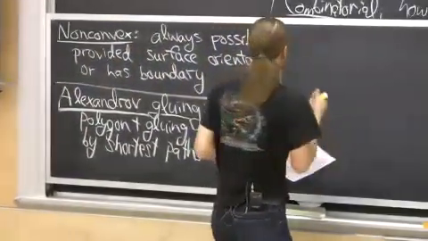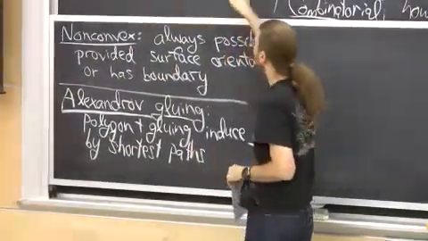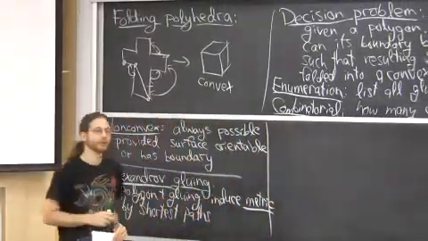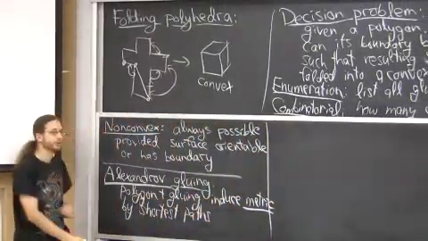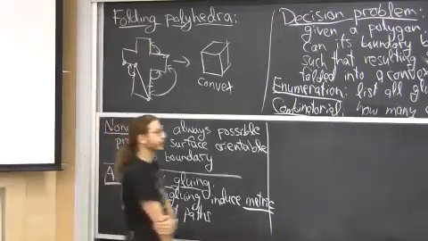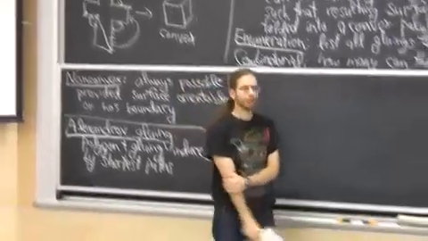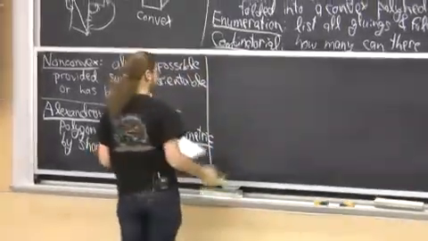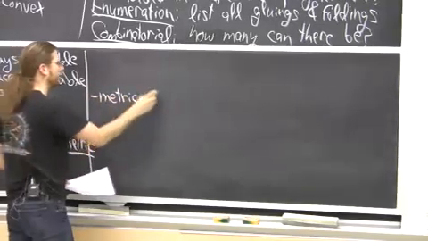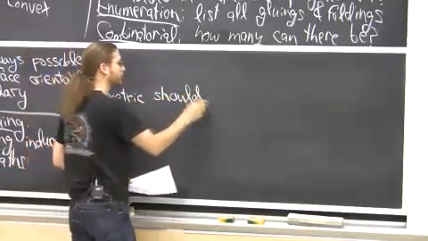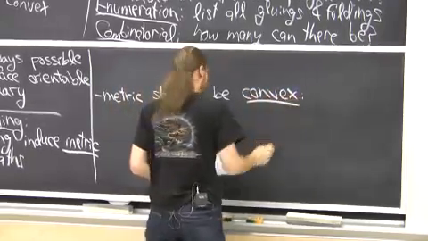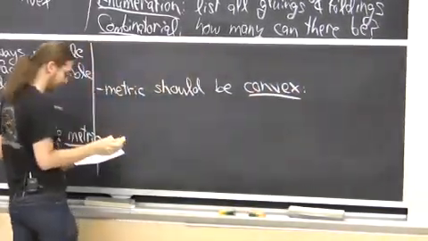Now, there are three things that this metric should satisfy if we want to make something that's convex. Any suggestions? Less than or equal to 360 degrees of material at any point. Yep. That is what we would call convexity. It's really sort of a local convexity.